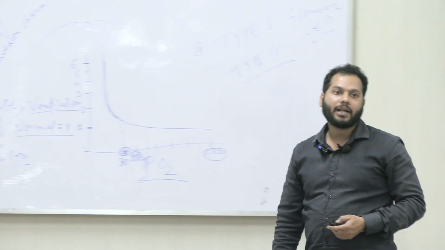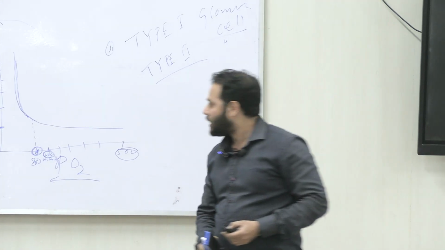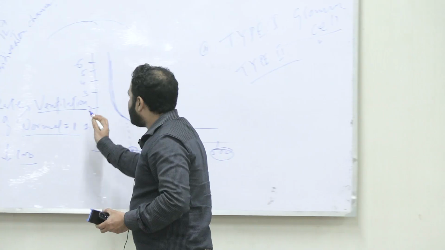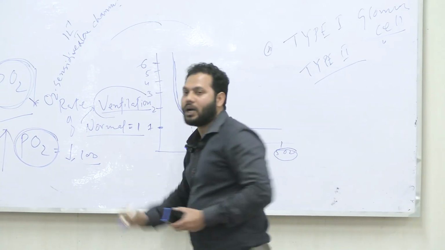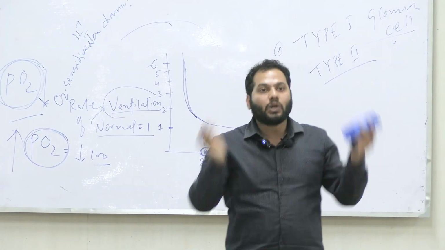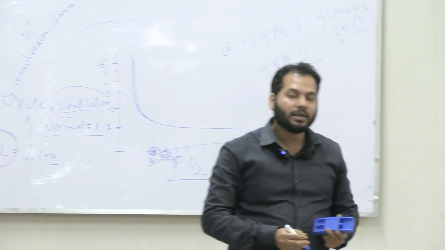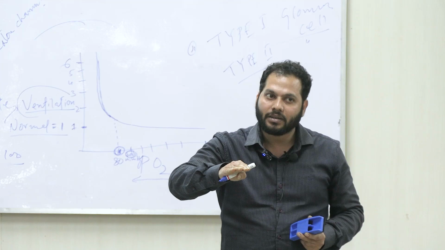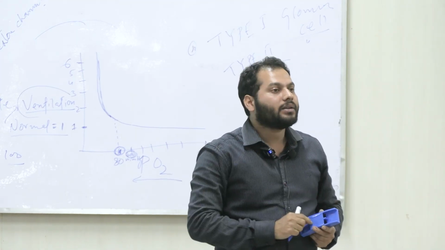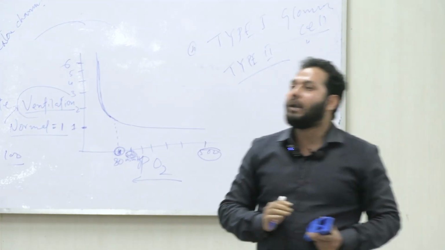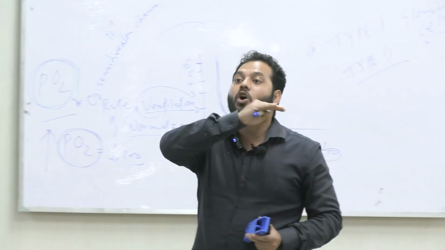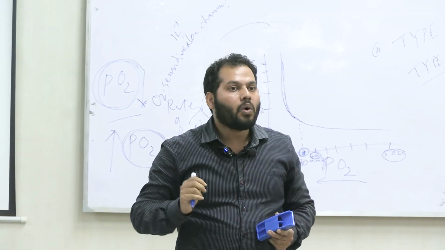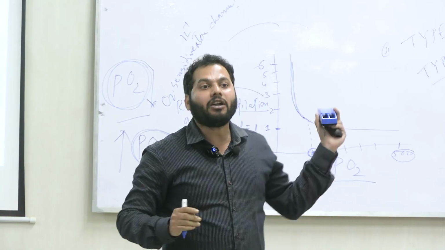Similarly, if you see the rate of ventilation under some other conditions, like the partial pressure of oxygen is less and the partial pressure of carbon dioxide is constant. So what will be the rate of ventilation?